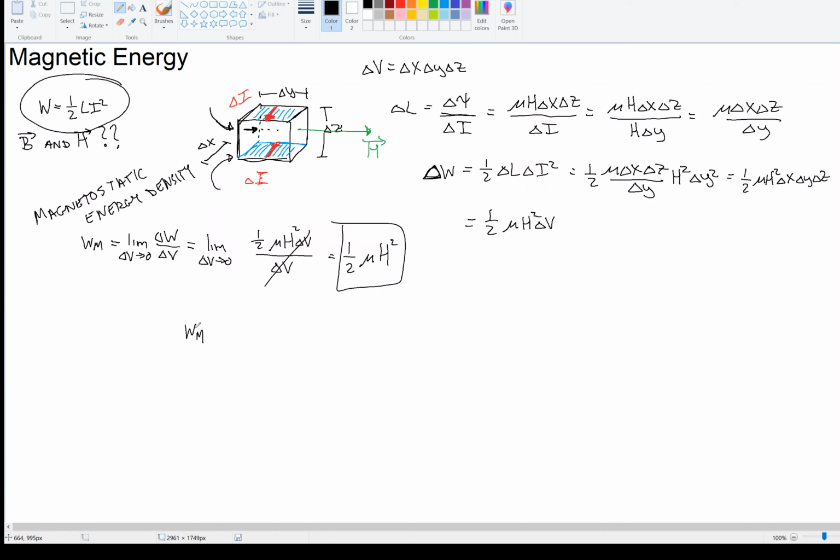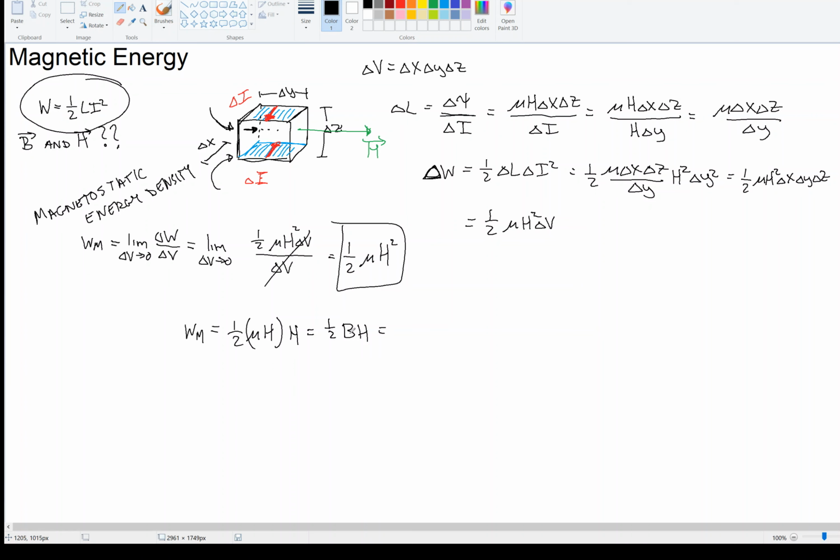So this is the energy density, little w. We can write this as mu H, of course, times H again, because it's H squared, and I can write mu H as B, the flux density, right? And because B and H are parallel, I'm going to try to bring in the vectors here.